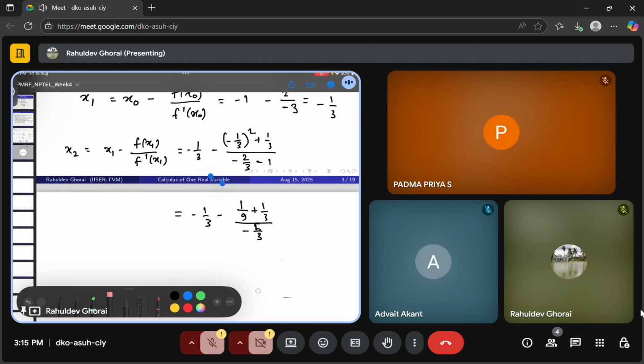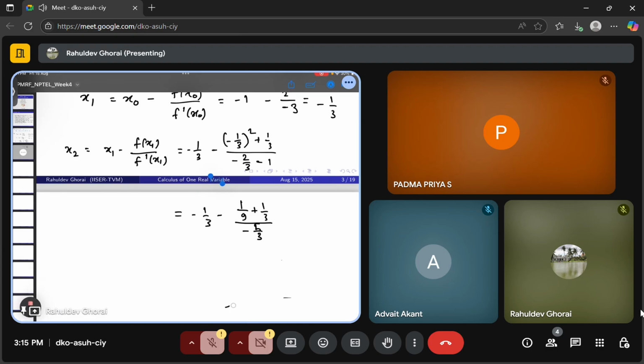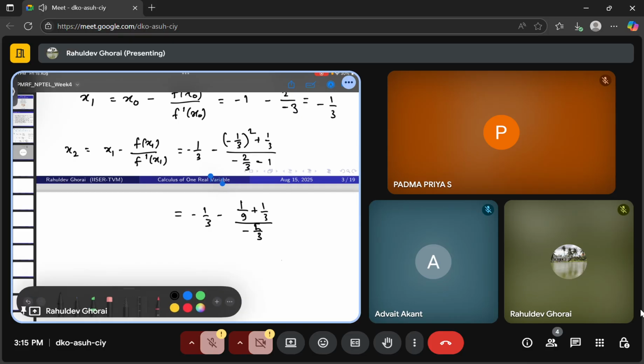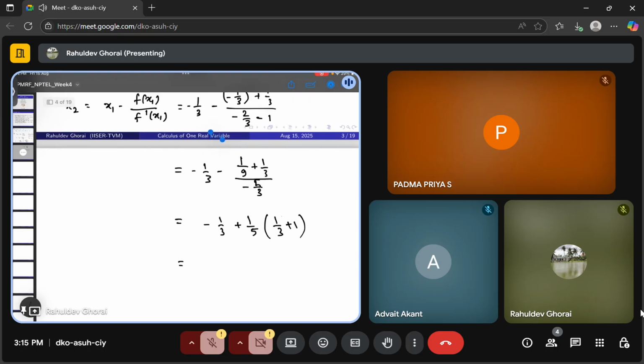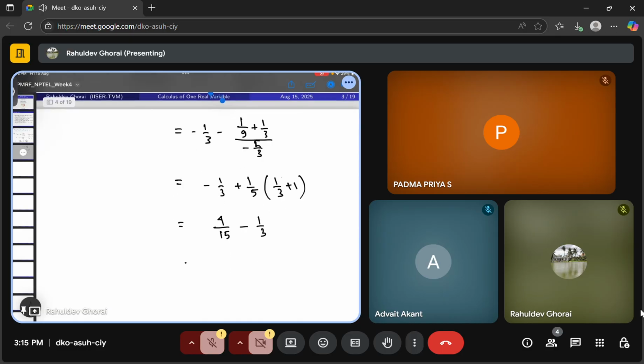Okay, let me do it once. That will be minus 1 by 3 plus 1 by 5, over 1 by 3 plus 1, right? That will be 4 over 15 minus 1 over 3, that will be minus 1 over 15.